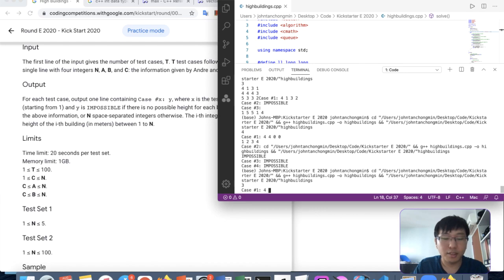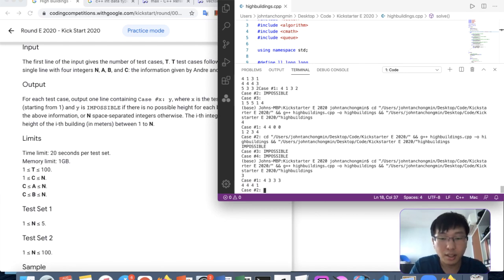Four. Okay, first guy sees three, second guy sees three, and the middle sees three. So here is three. Okay. Ah, here it cannot be three also because this person sees four. So if they both see three, it means that the three buildings that they both see cannot be of the same height.